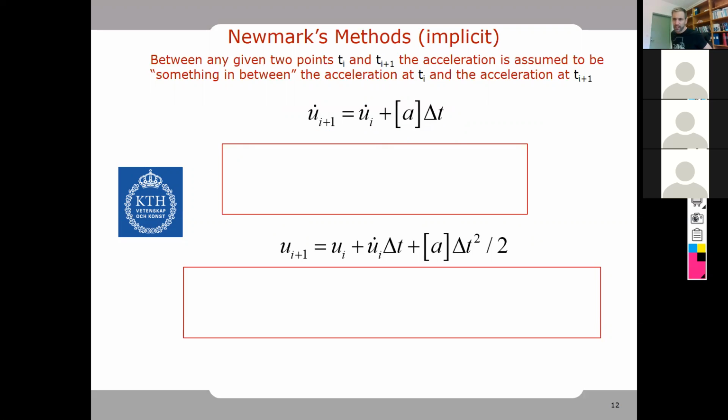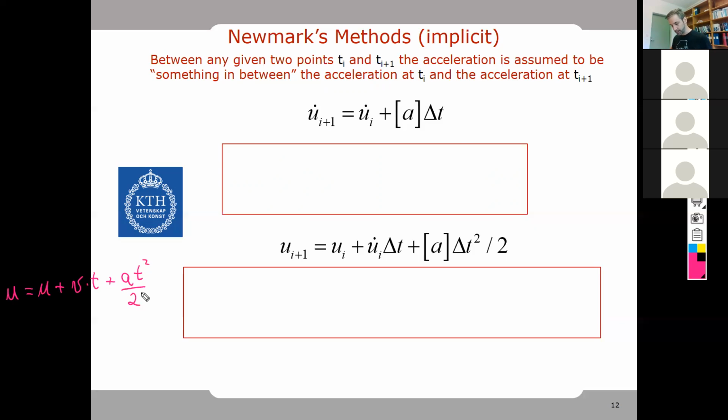In the same way, from high school physics, if you remember, we have that the displacement, or the position of a constantly accelerating particle, would be the old position plus the speed times the time that has elapsed plus the acceleration times the time squared divided by 2, right?